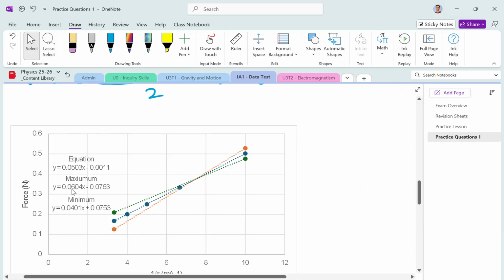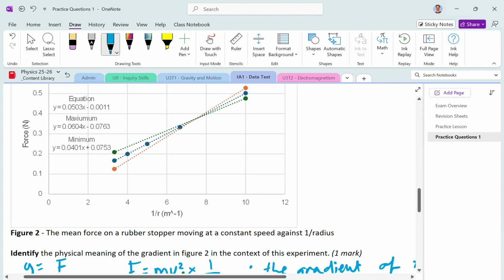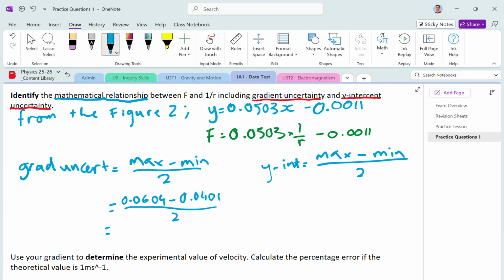So the max value is 0.0604, and the minimum value is 0.0401, and we're dividing that by 2. What's that? 0.0102.